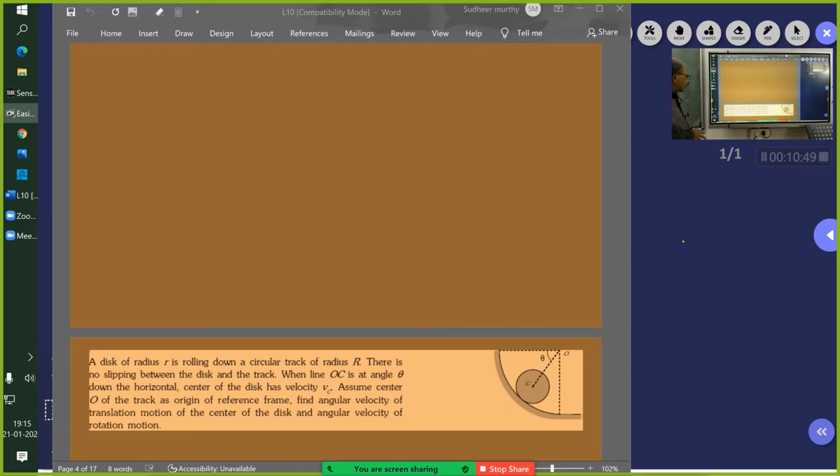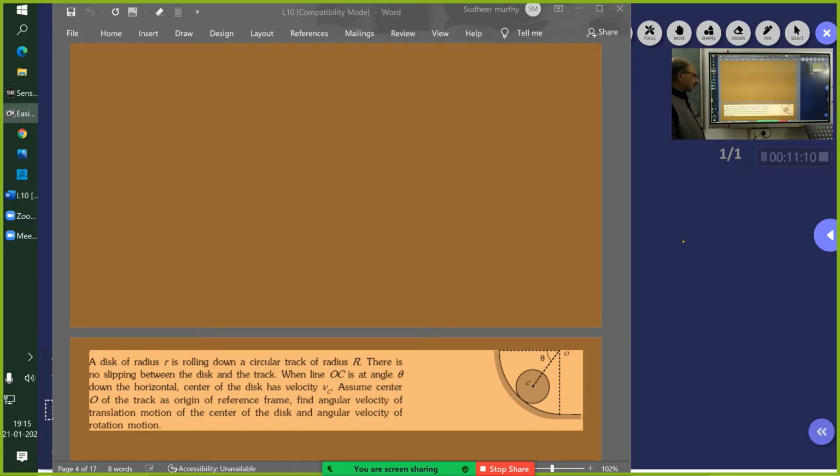Here the disk of radius r is rolling down the circular track of radius R. There is no slipping between the disk and the track. While the line OC makes an angle theta down the horizontal, the center of the disk has velocity Vc.